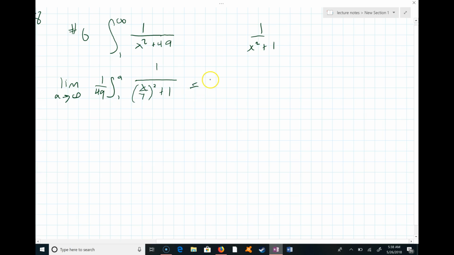So then when we integrate this, we get arc tan of x over 7. Of course, if we take the derivative of that, it's going to kick out a 1/7. I want a 1/49, so we need an extra 1/7 there. And whoops, I didn't leave room for the limit. We still have the limit as a approaches infinity. I'm evaluating this from 1 to a.